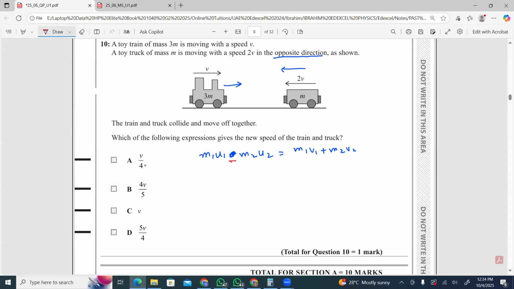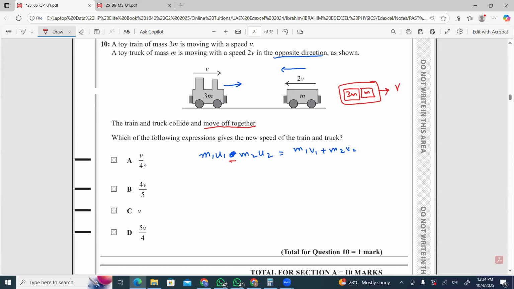Then after the collision, they move off together. This is another keyword. When they move off together, it means it turned into one system, one with mass 3m and one with mass m. So it is now one system traveling at some speed, and when it is one system, it has just one speed.